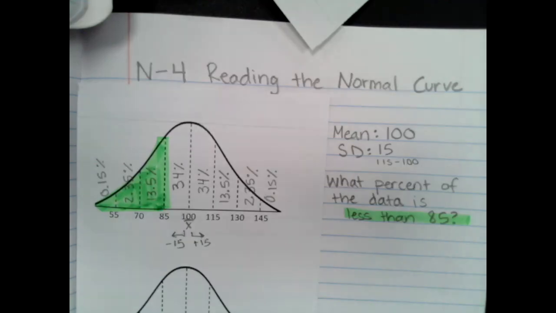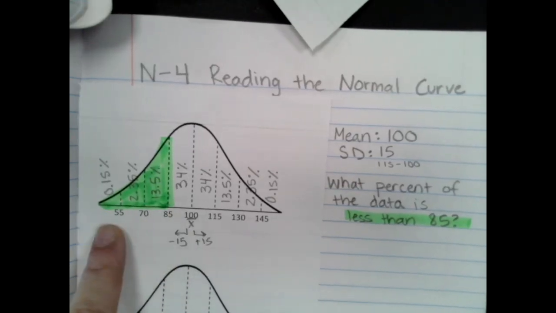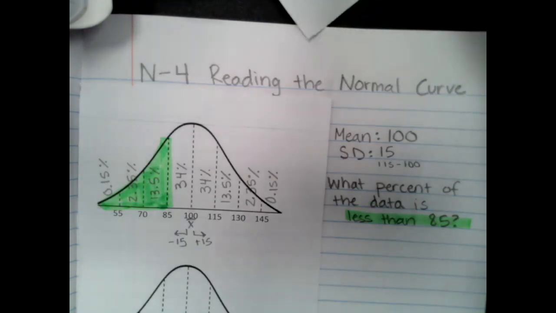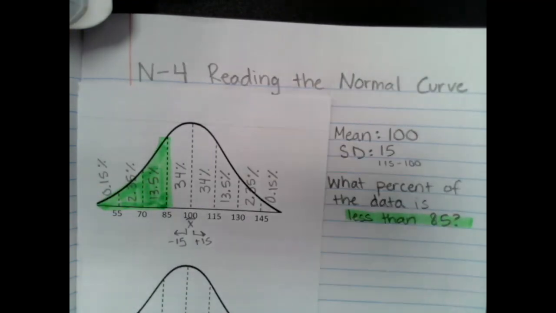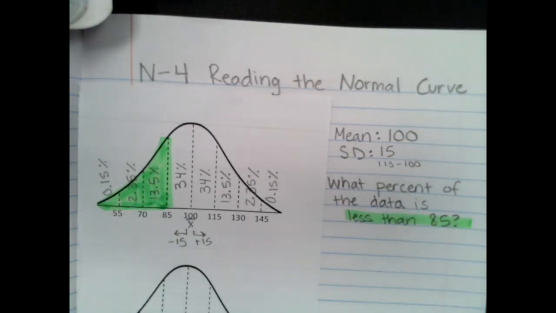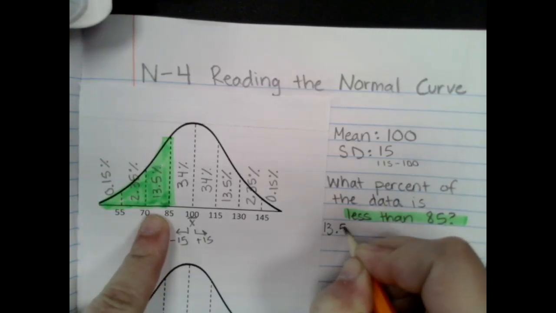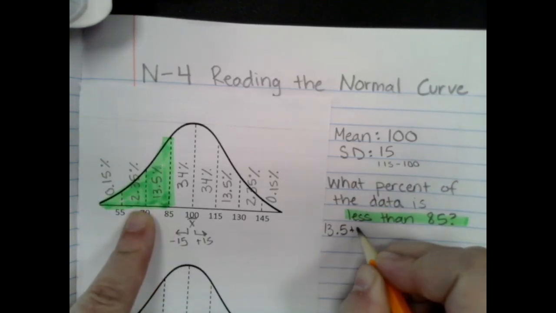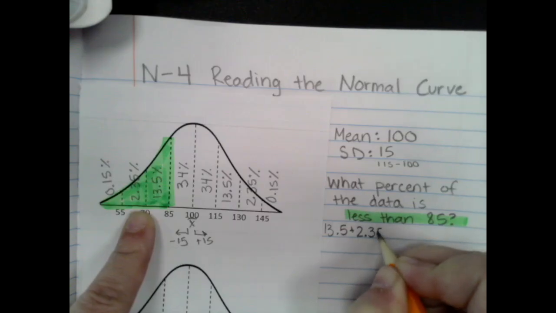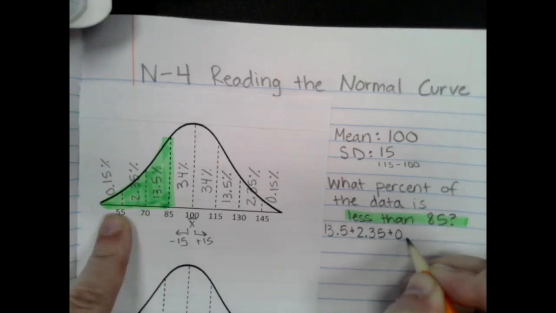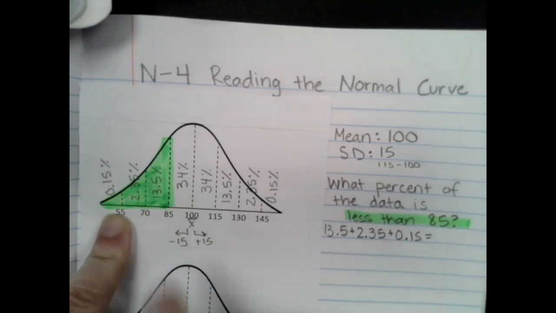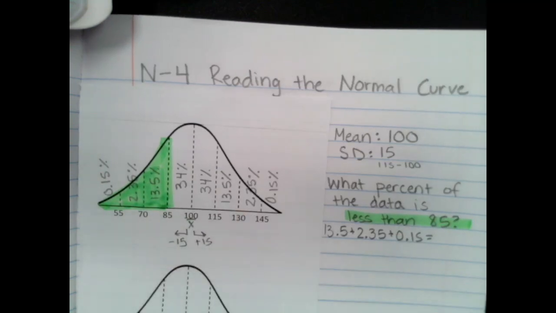So to find that customized percent, we're going to add those three parts together. Okay, so we're going to do the 13.5 plus 2.35 plus 0.15.